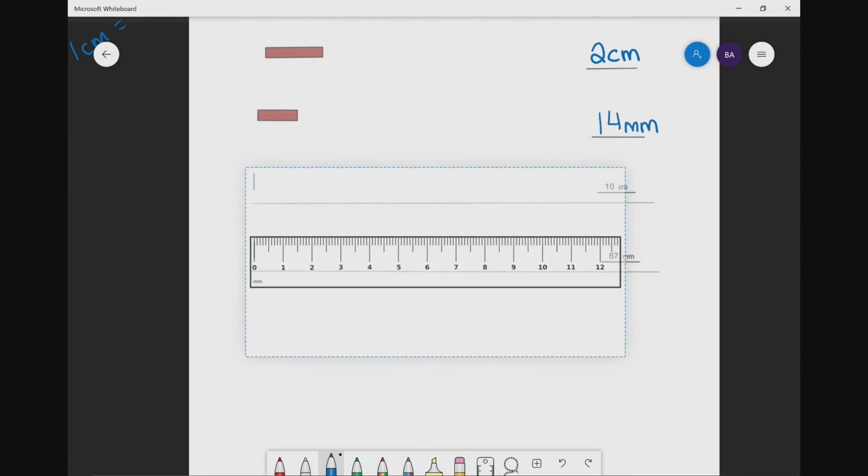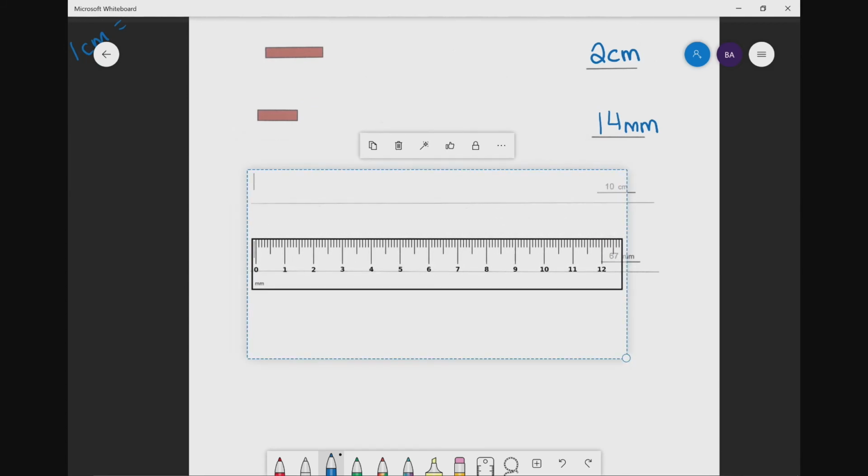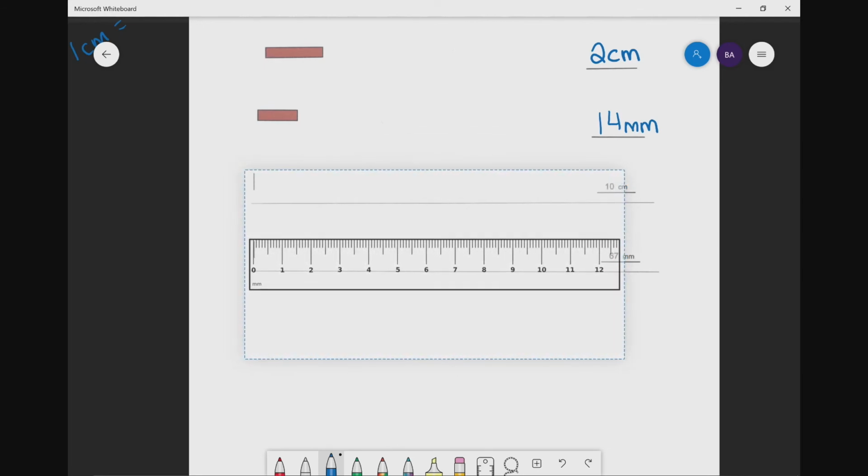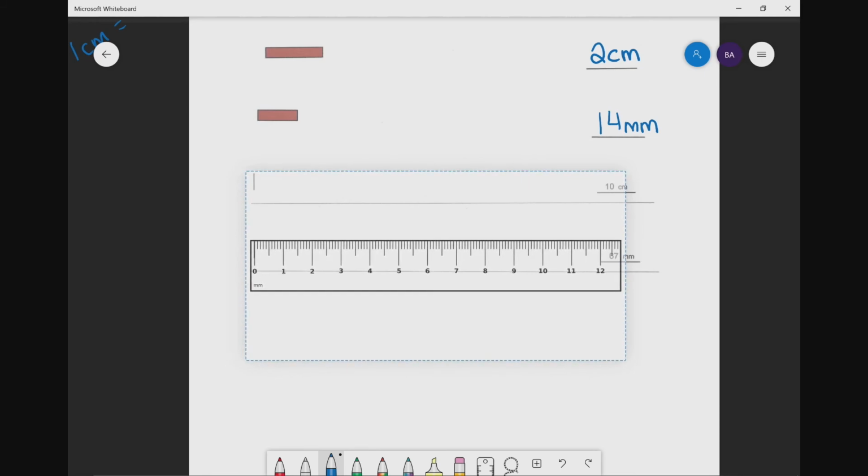And same goes for when we do the millimeters. You are going to line it up with the 0. This says 67 millimeters. So remember what I said, that there are 10 millimeters in each centimeter. So when we're measuring millimeters, we count by tens for each centimeter. So I can go 10, 20, 30, 40, 50, 60.